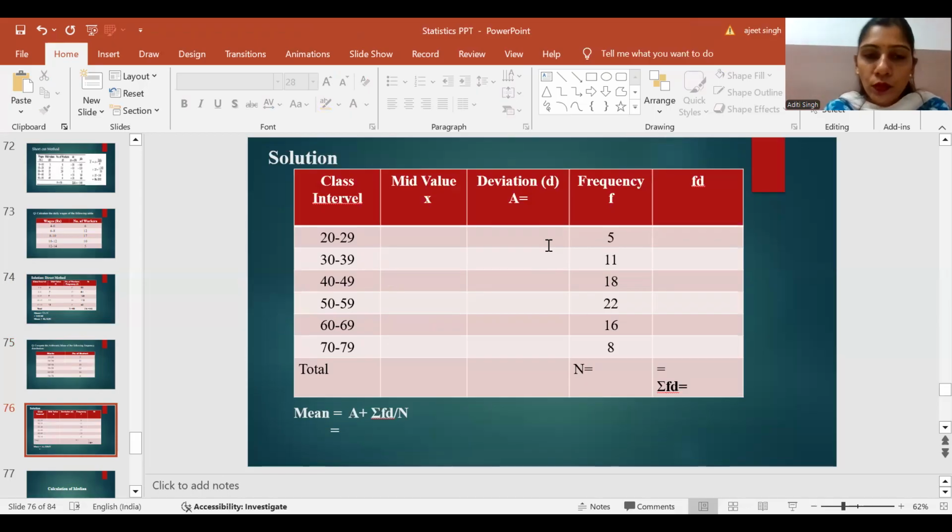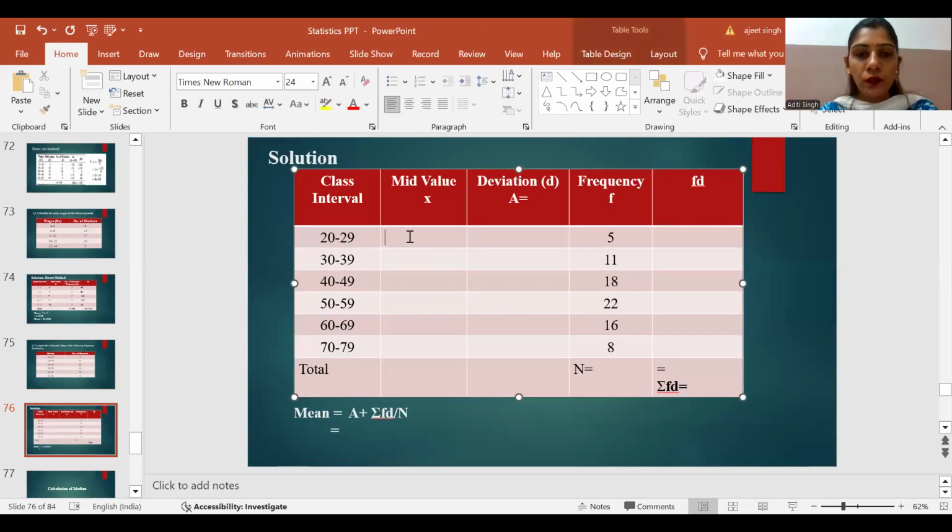So what we have to do is, first we have to calculate the mid value from the given class interval. So now let's calculate the mid value.